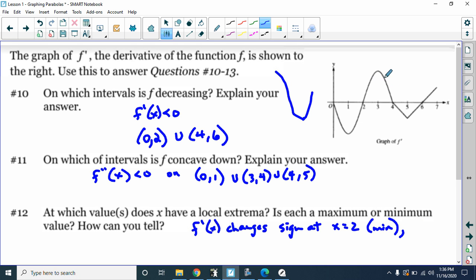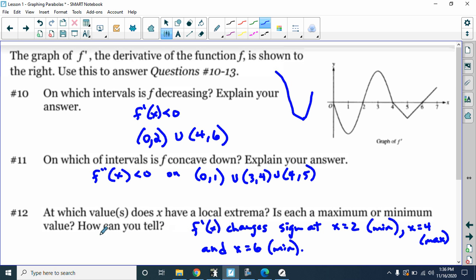My graph is positive until 4, when it changes to negative. And my graph changes from negative to positive at 6. Negative to positive, so that's a minimum.